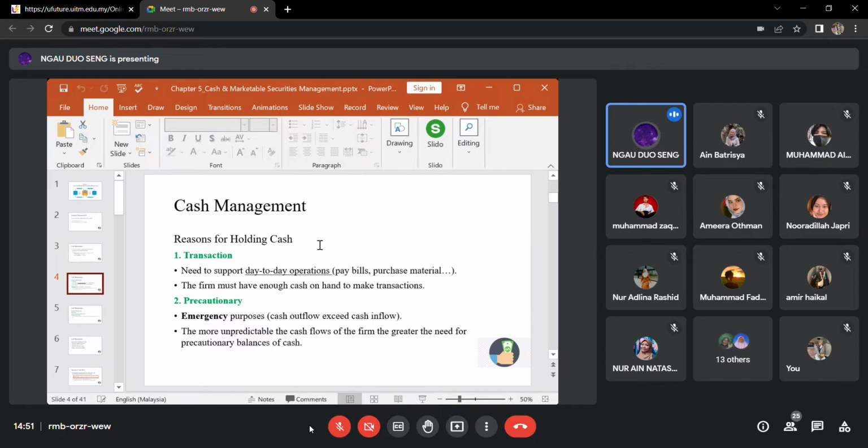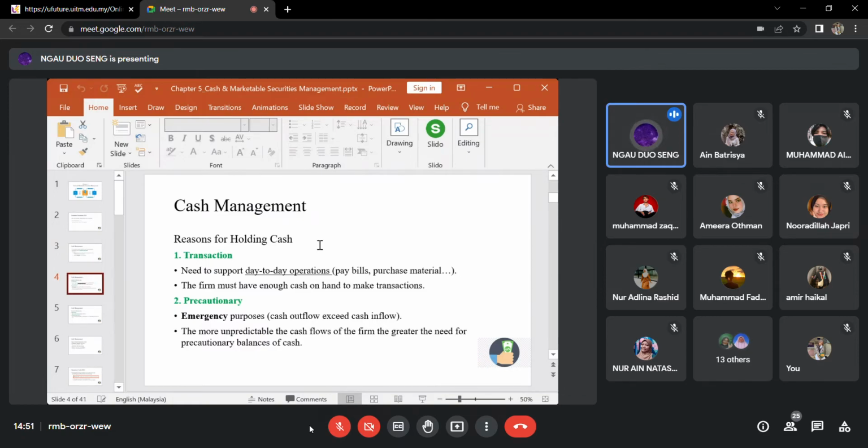So this one is for transaction. You need to support day-to-day operations, pay bills, purchase materials. When I say purchase materials, it is the materials that are not expensive. The firm must have enough cash on hand to make transactions.